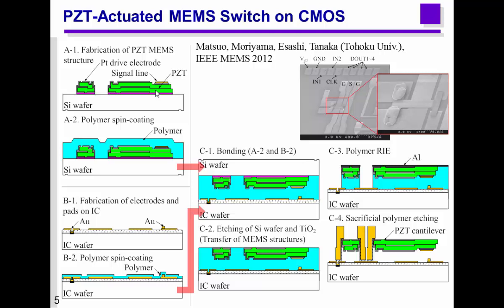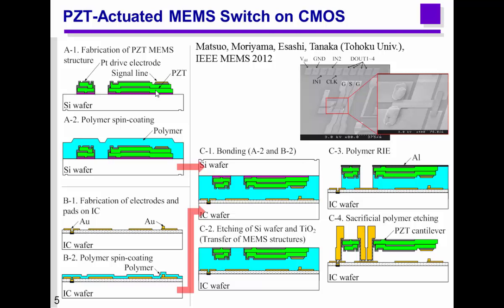The CMOS was fabricated in a CMOS foundry, and they are bonded by the bonding polymer. The blue part is the bonding polymer, and then the silicon wafer is removed. Finally, the PZT cantilever structure was transferred from the silicon wafer to the CMOS wafer.